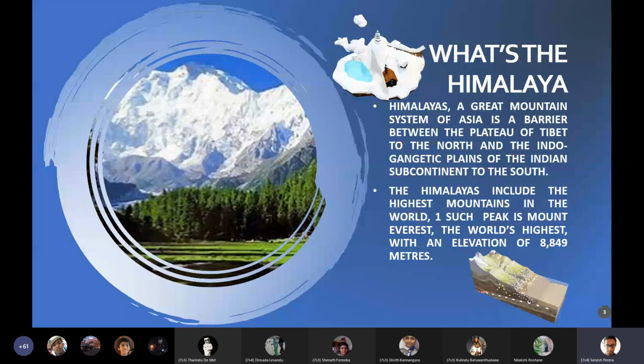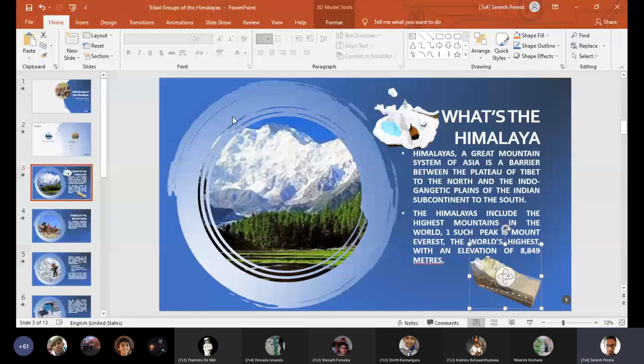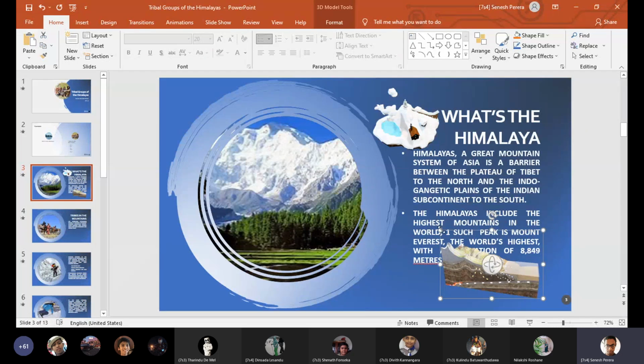I will also explain how the Himalaya became a mountain range. As you can see on my screen, here is a small picture of a mountain range.